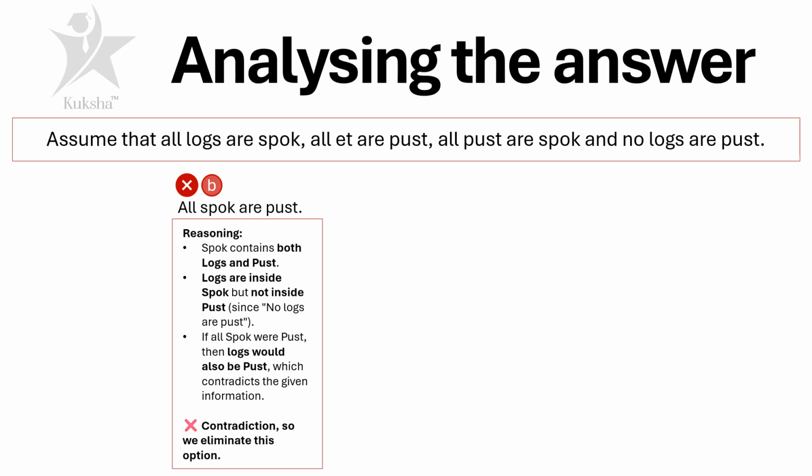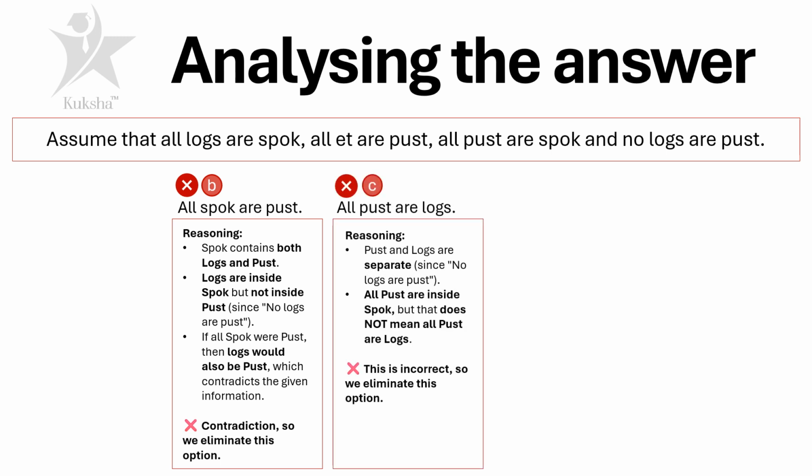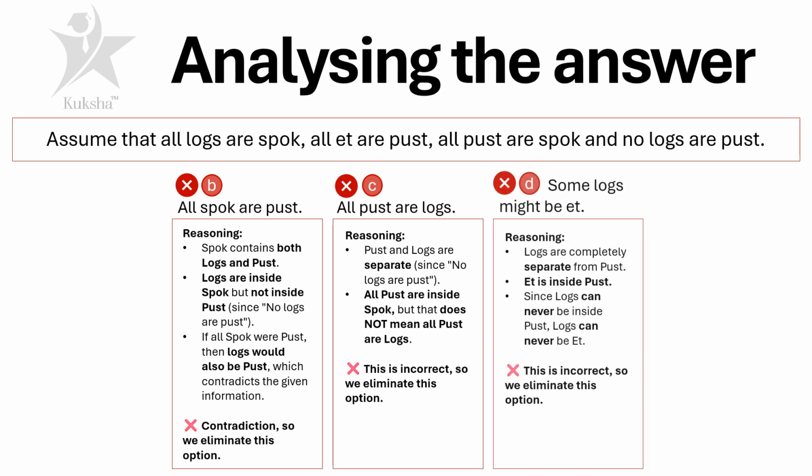So, contradiction, so we eliminate this option. Option C is also incorrect. All pust are logs? Pust and logs are separate since no logs are pust. All pust are inside spok, but this does not mean all pust are logs. So this is incorrect. So we eliminate this option as well.